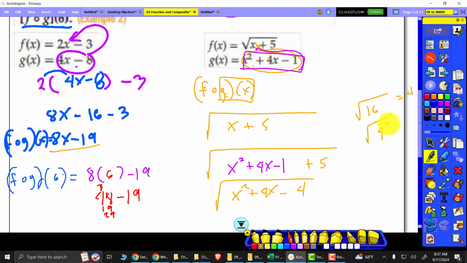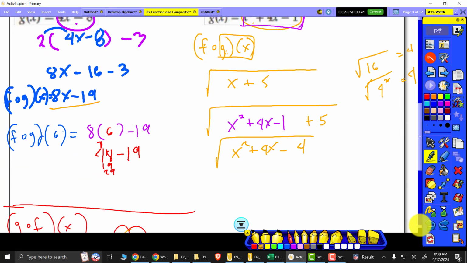So if I take square root of 4 squared, what do I get? 4. Do you remember that? We can just cancel the square root and the square. So we're going to use that here.